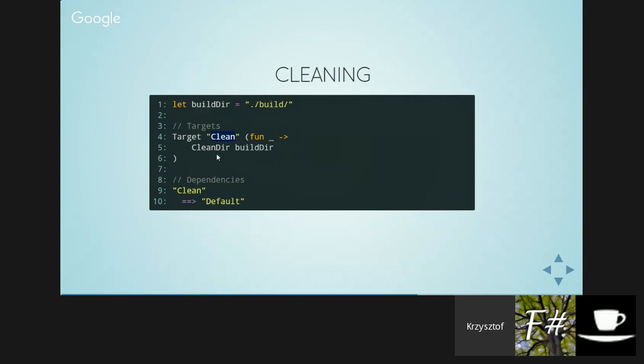And later, after defining all our targets, we just define dependencies between them. What's nice is that Fake has an inbuilt tree resolver, so we don't have to worry too much about if everything is well defined, since Fake does a lot of magic for us.